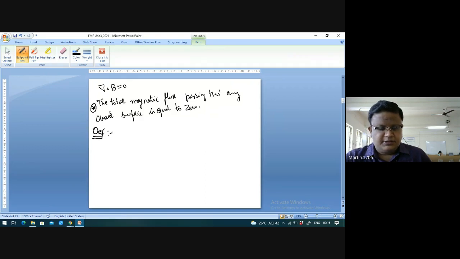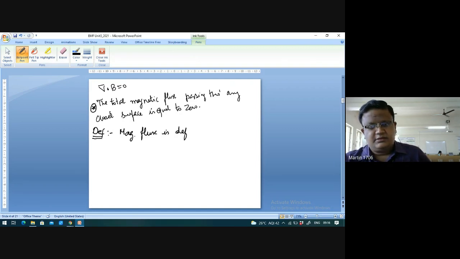But the definition can be given like this: the magnetic flux is defined as the flux phi passing through any area.